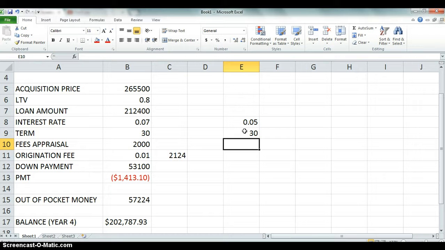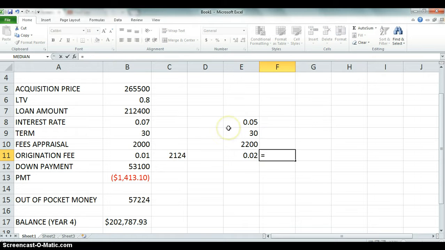For appraisal fees, there's an increase of 10%, so we will have the first one times 1 plus 0.1, because our appraisal fees have increased by 10%. Our origination fee is now 2%, so we will have 2 points. That will be equal to the loan amount that we'll need times the 2%.